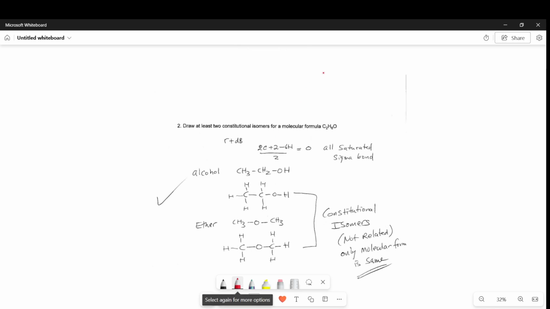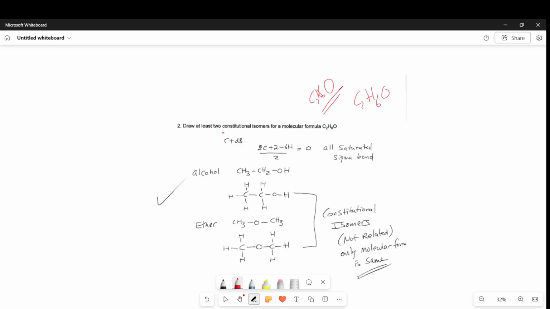So C2H6O can have different constitutional isomers.